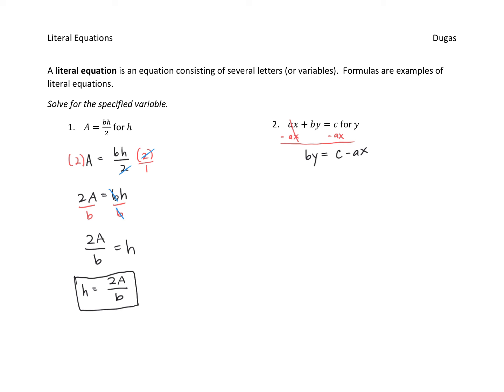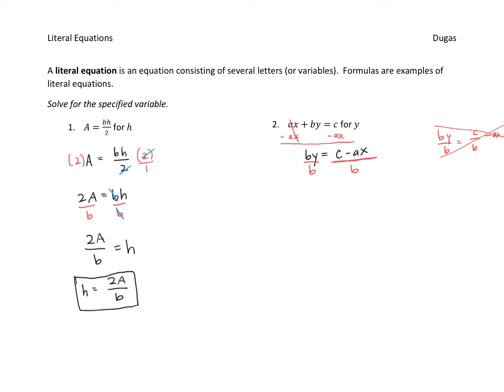Next, again, we're trying to get the Y by itself. Keep in mind what you're trying to do. At this point, the only thing that's on that side with the Y is the B. This is multiplication, B times Y. To undo multiplication, we use division. You're going to need to divide the entire right-hand side by B, so the whole thing has to be in the numerator over B. A common mistake people will make is they'll just divide one part by B. That is not correct.